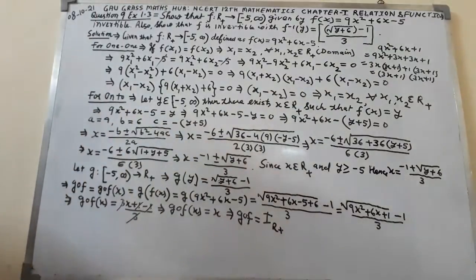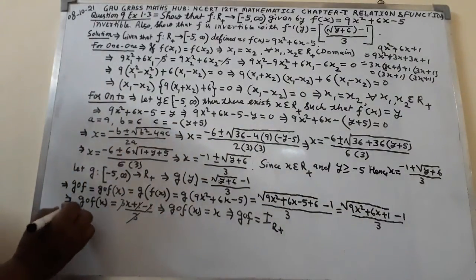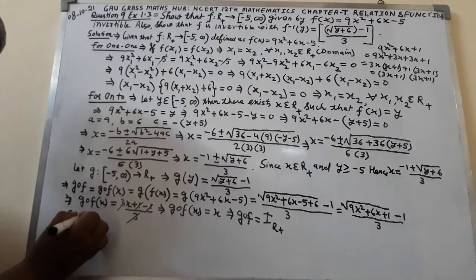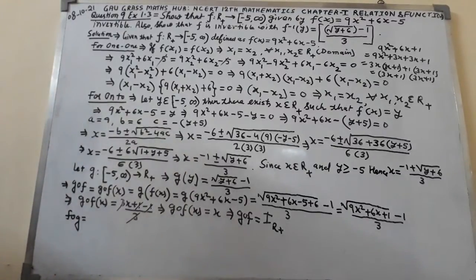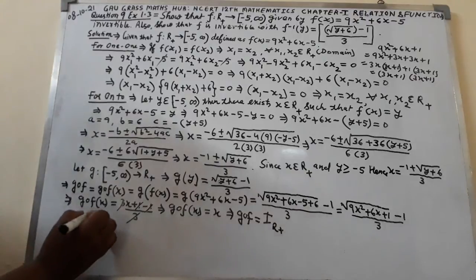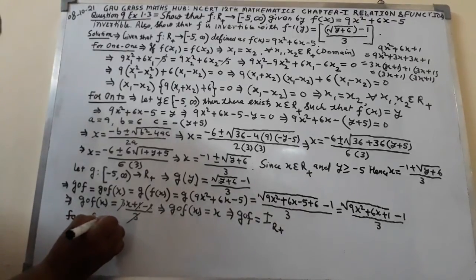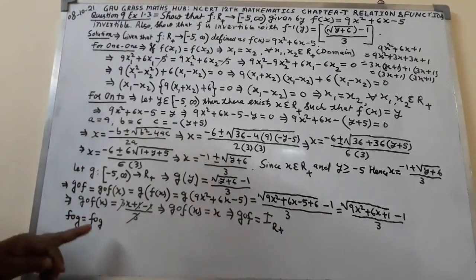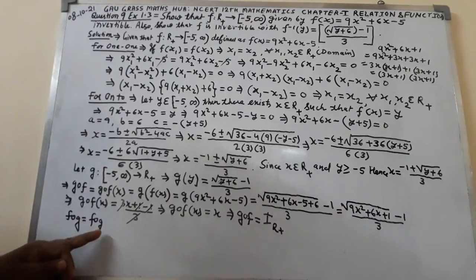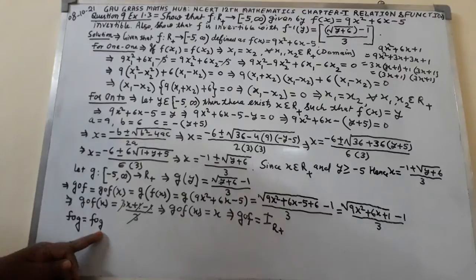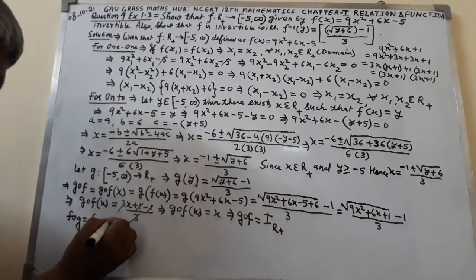Again I shall write f of g. F of g, here you can see g is there. In f of g, the last letter is g. G will take y. So here write y.